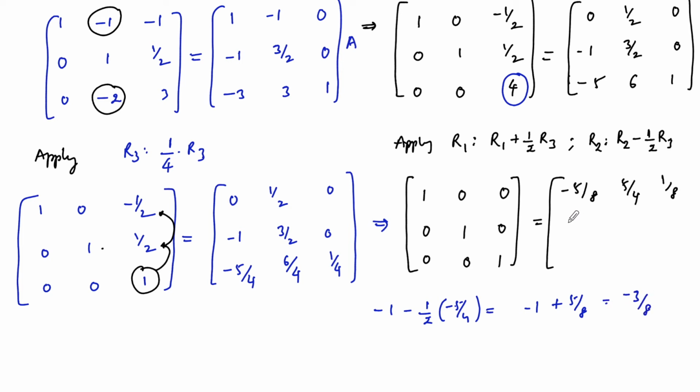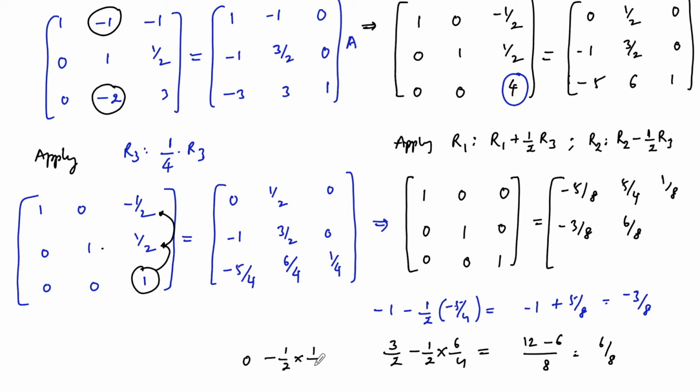So let me write minus 3 by 8 here, and then 3 upon 2 minus 1 by 2 times of 6 upon 4, or here we can write 12 minus 6 upon 8, that is 6 upon 8, and then here we can also write 0 minus 1 by 2 times of 1 by 4, that is minus 1 by 8.